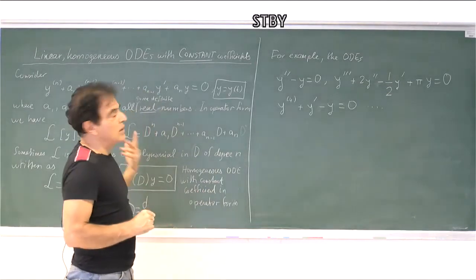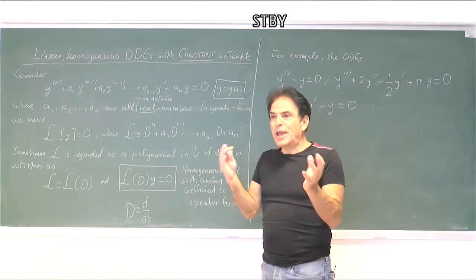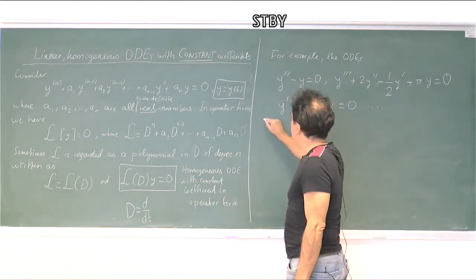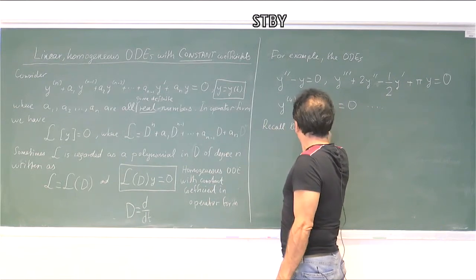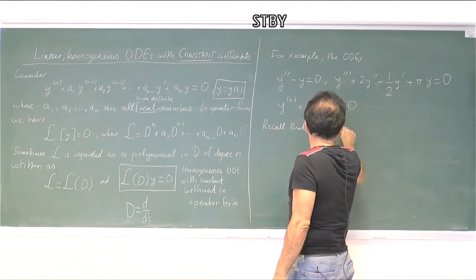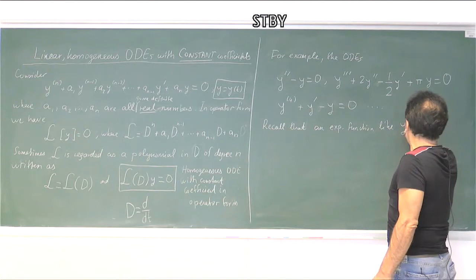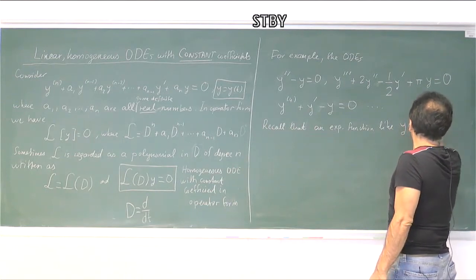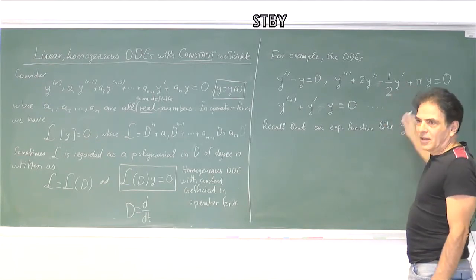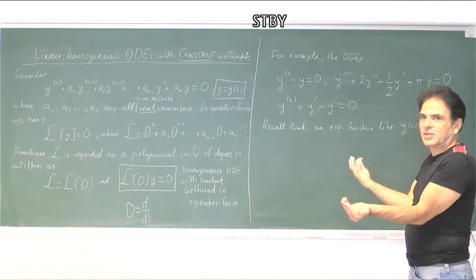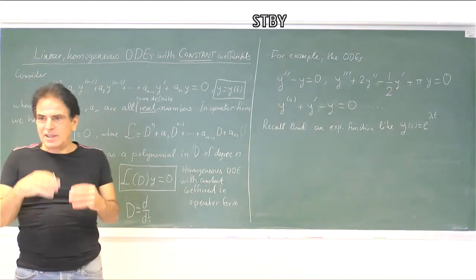So it is reasonable to think that an exponential function like this, y of t equals e to the power lambda t, has derivatives which are expressible in terms of e to the power lambda t itself.